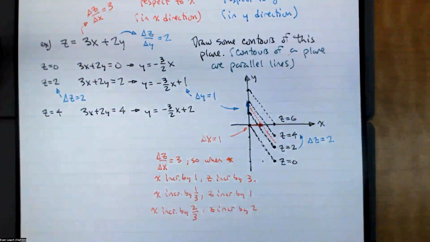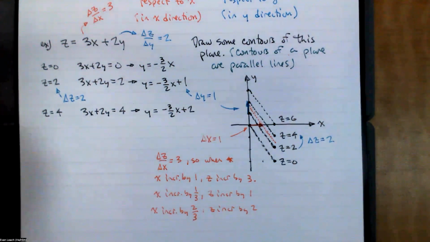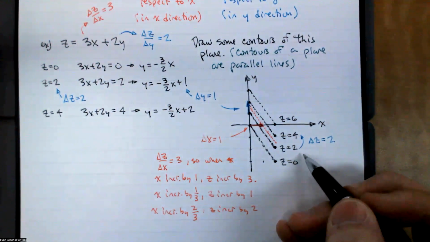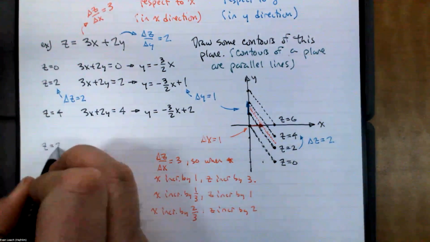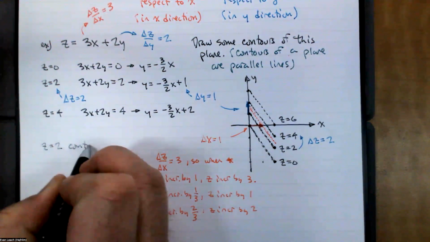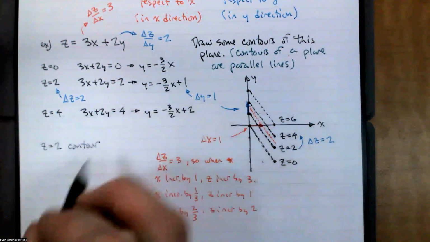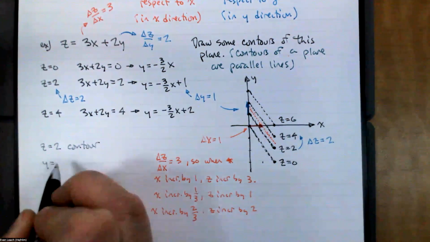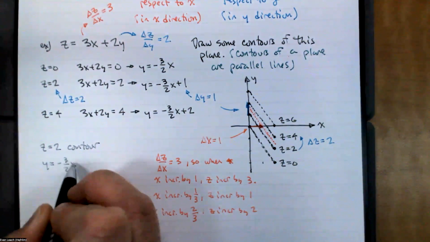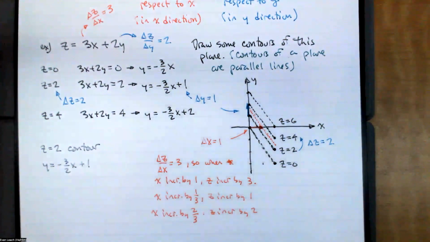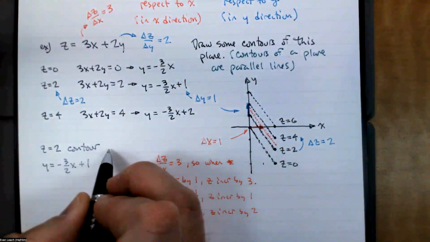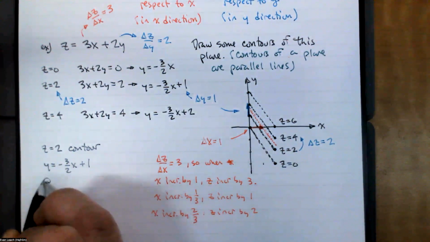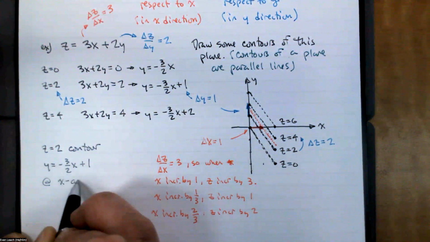Let's take this z equals 2 contour. Grab the z equals 2 contour. That's the line y equals -3/2 x plus 1, and find out where it hits the x-axis.